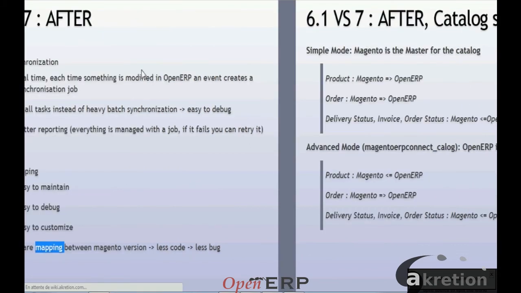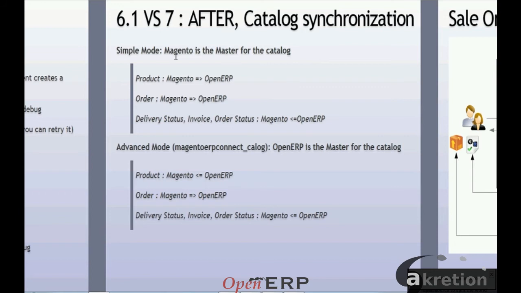So I'm going to explain more about the synchronization. Now with the 7th version, we have two modes. Simple mode is where your project is managed in Magento, and then you import it in OpenERP. The order is created in Magento, and you import it in OpenERP.